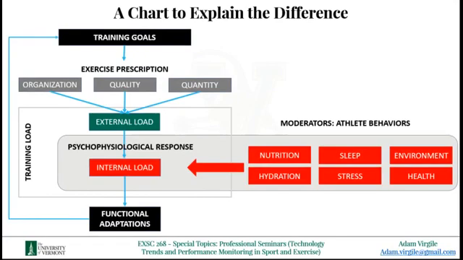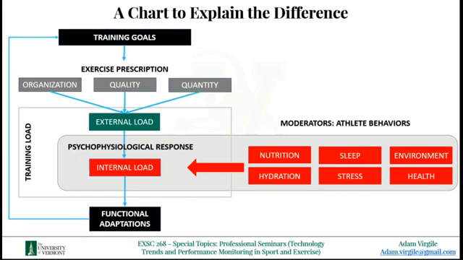Now, I think this is a great chart or graphic that represents the interactions between external and internal load. And this is not my graphic. Well, what you see is my modification of a graphic, but it's based on a graphic that was shown in a paper called Internal and External Training Load, 15 years on.